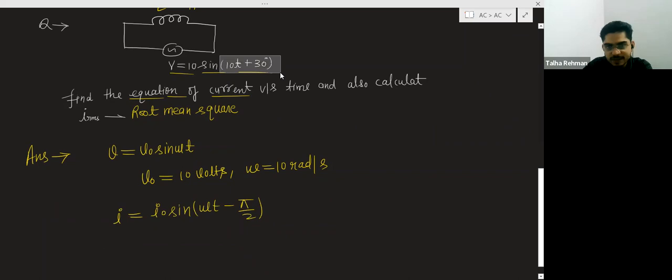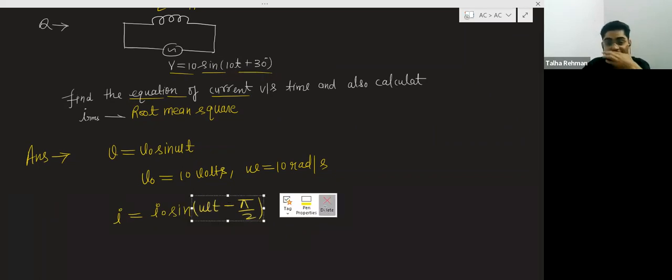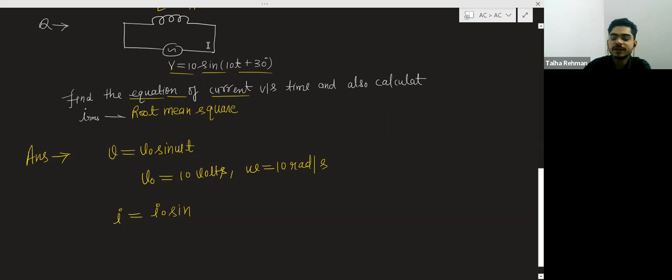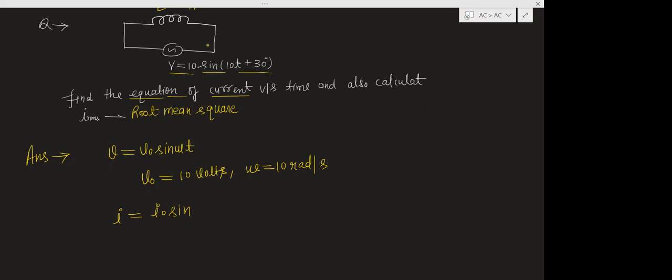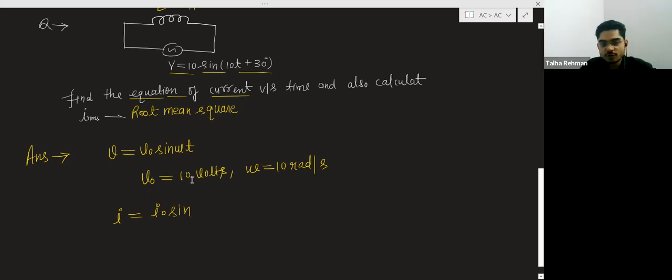So this is the phase of the voltage. And we know that in a purely inductive circuit, the current lags behind the voltage by 90 degrees. So the phase of the current will be 90 degrees less than the phase of the voltage.